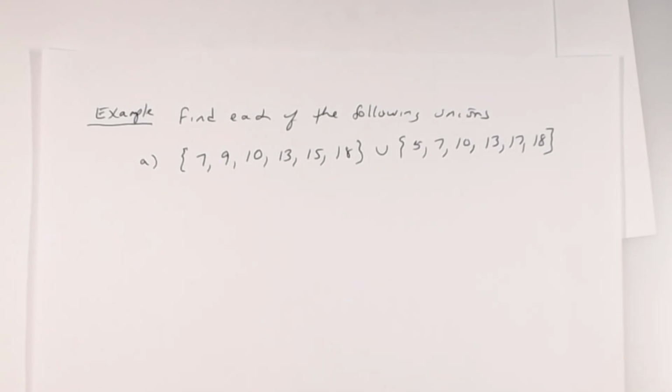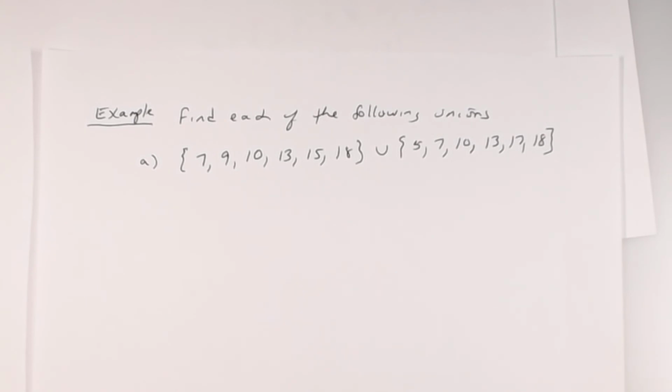Now, union, not intersection, union. So the union would be anything that's in A and also anything that's in B. So everything that's there. If it's listed in A and listed in B, we only list it once.